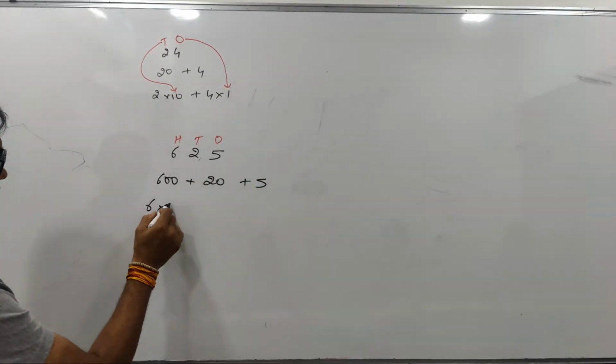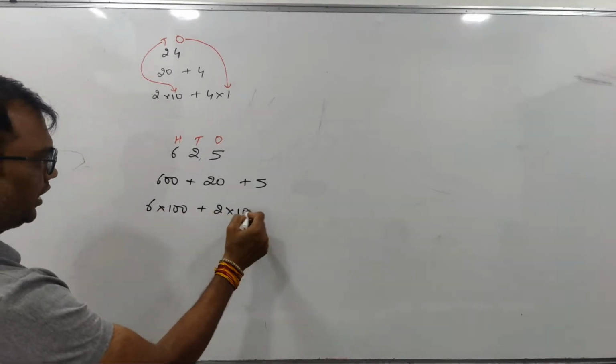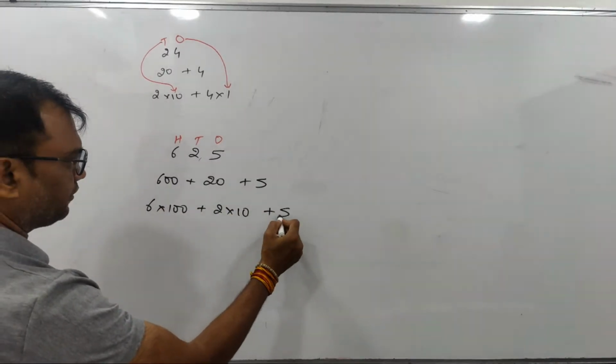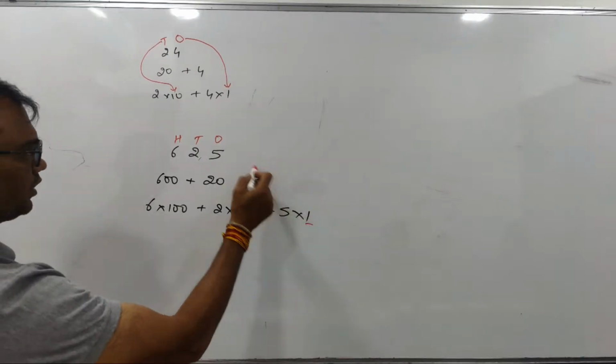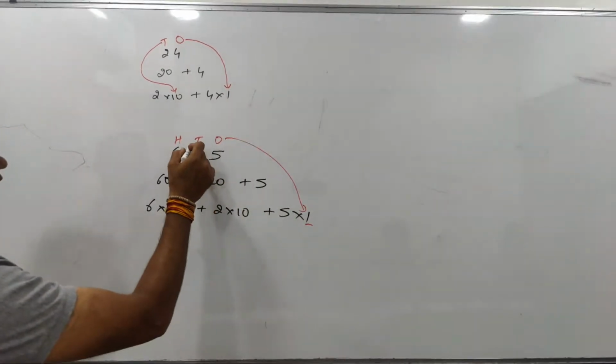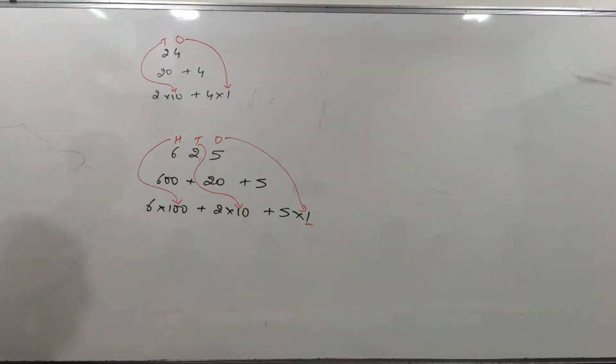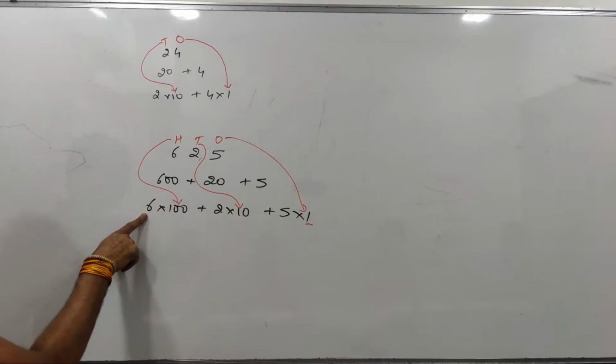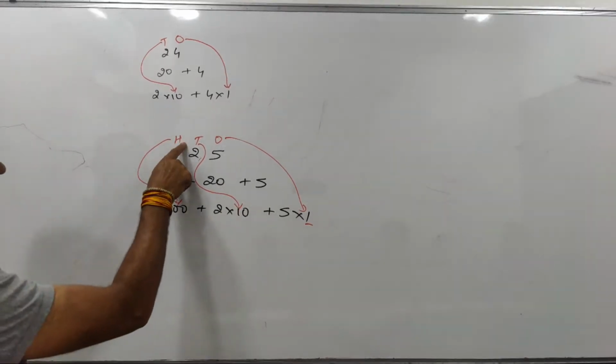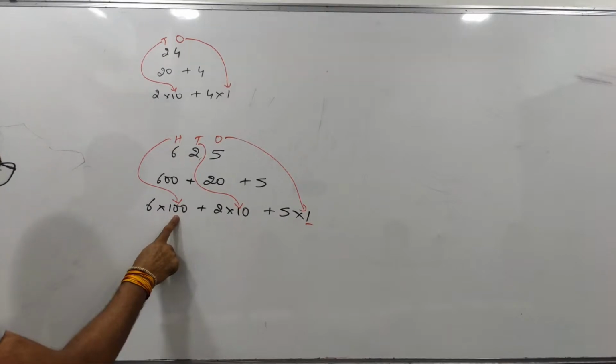So 6 into 100 plus 2 into 10 plus 5 into 1. This is the position, the number placed at the digit, and because it is at the hundreds place, you multiply by 100.